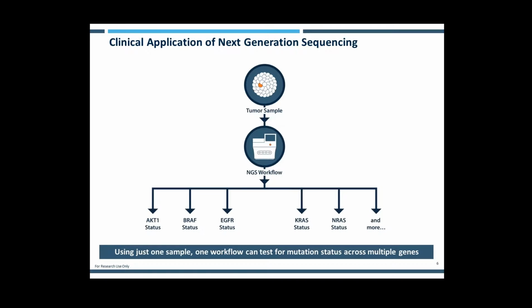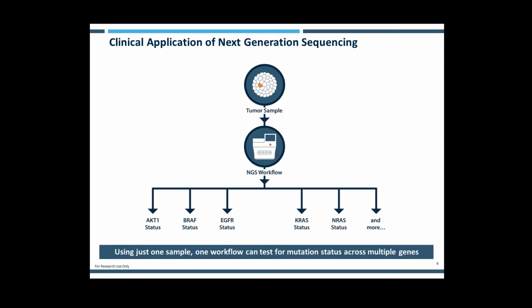Now, next generation sequencing has a number of attractive qualities, and one that resonates well with people like yourself is you can take your tumor sample, extract the DNA, do your library prep, put it through your NGS workflow, and it then allows you to test for the status of specific genes, whether that's AKT1, BRAF, EGFR, KRAS, NRAS, and many more.